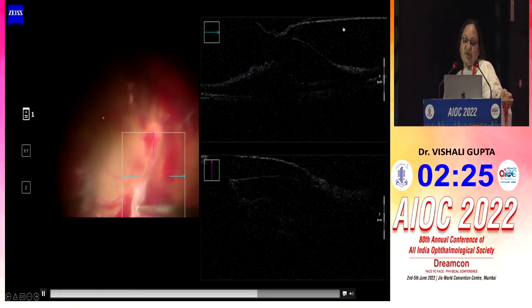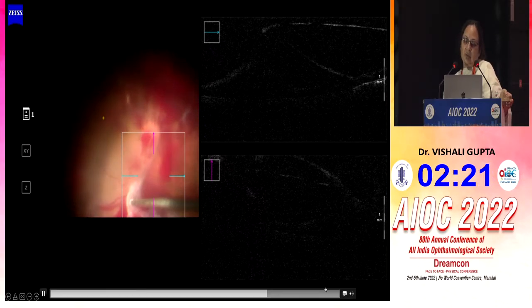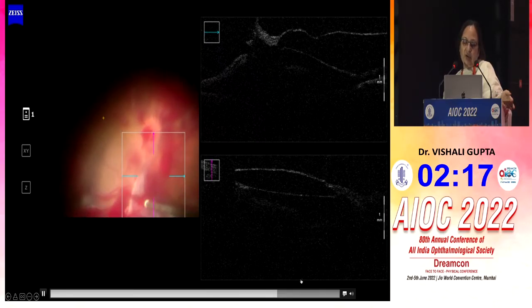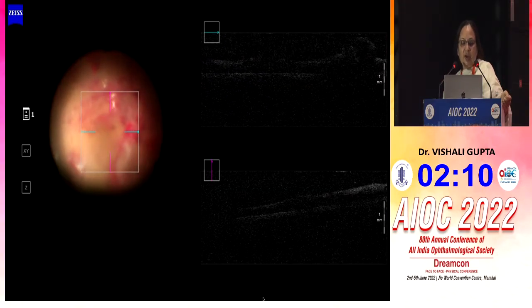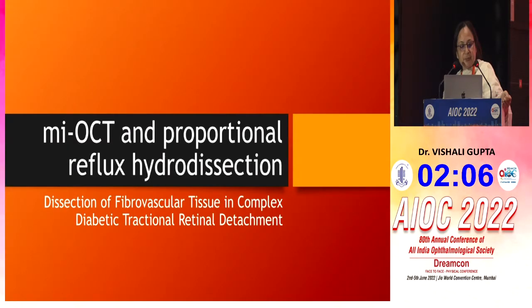Now here you can see this is the splitting of the vitreous in two layers, and towards the end you can cut it and you can do OCT again to see the retina. This is the post-op to show that all that has been cut.